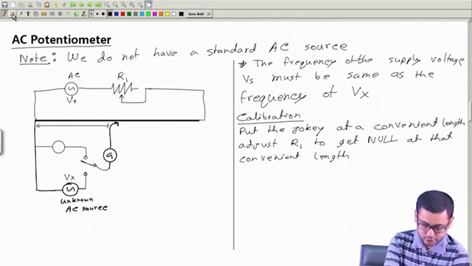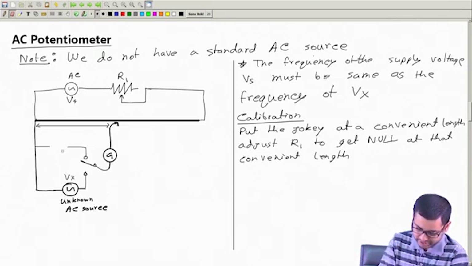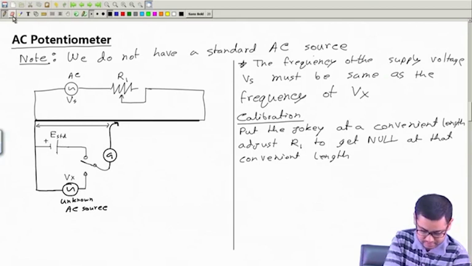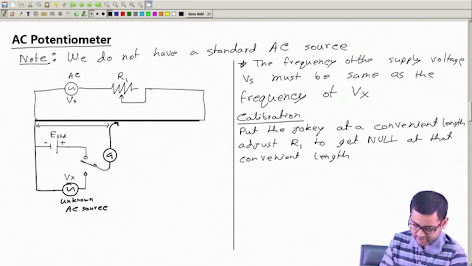So what we do is this: we instead connect a standard DC source, ESTD, and we connect the jockey here.